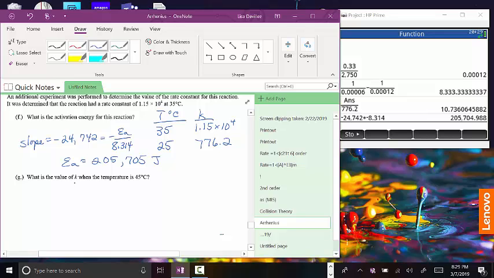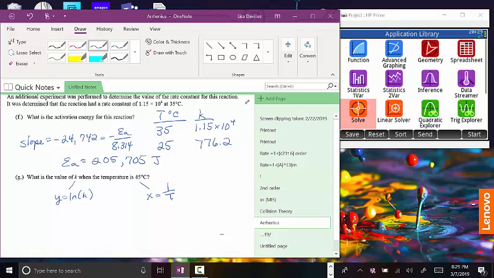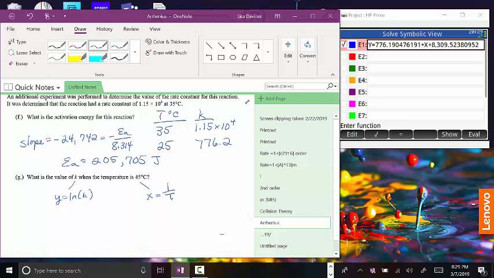Okay, this one here, for Arrhenius, remember Y is natural log of K. My temperature, X is 1 over the temperature. So we're going to copy my equation to my equation, put in the Y equals.